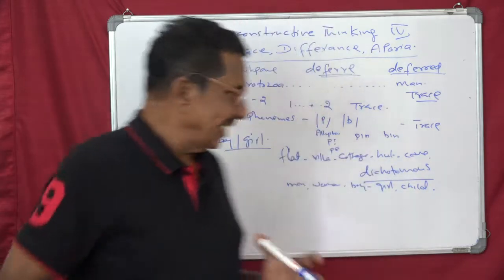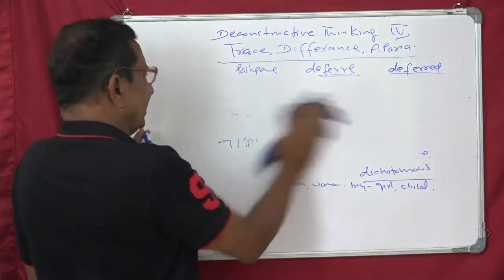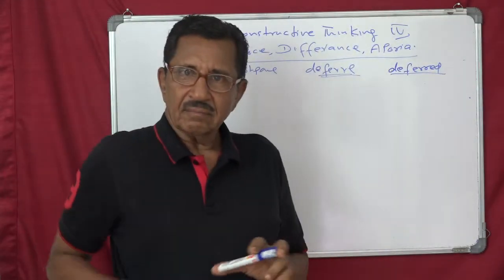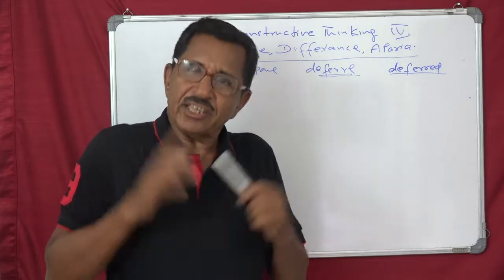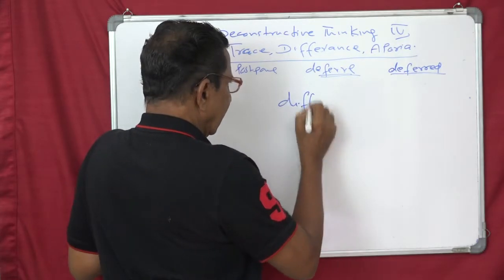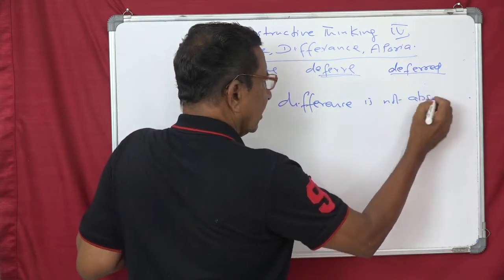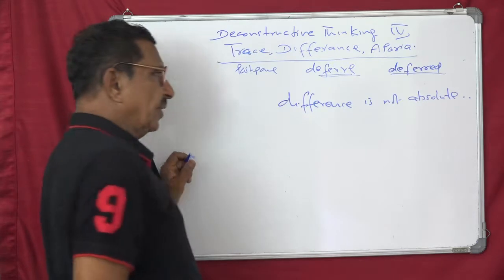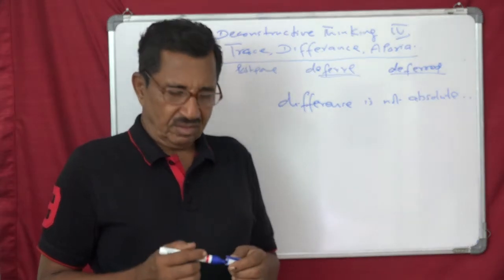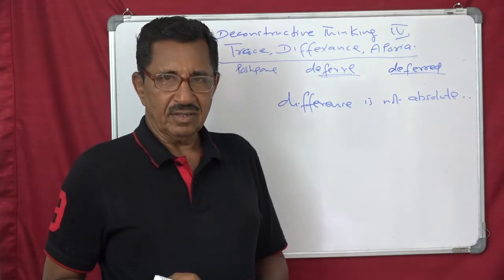I hope the idea of trace is clear to you. So this difference: there is only difference in language, agreed. But the point here is that the difference is not absolute, or total, or complete, or the pair is not dichotomous. Any of these words you can use.